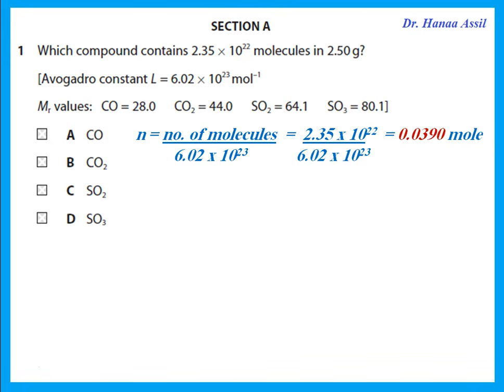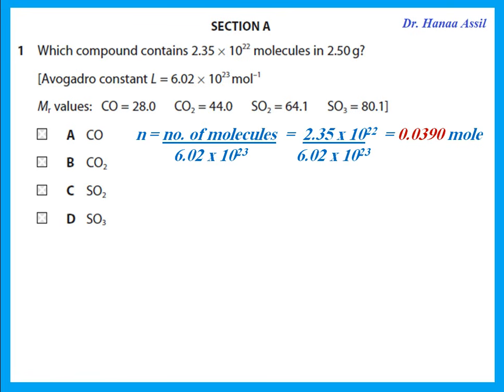The number of moles is the number of molecules divided by Avogadro's number, which is 6.02 times 10 to the 23. He gives it to you in the question, and even if he does not give it to you, you really should know it. So number of moles would be the number of molecules over Avogadro's constant. So this number of molecules that he gives me comes out to be 0.039 mole.